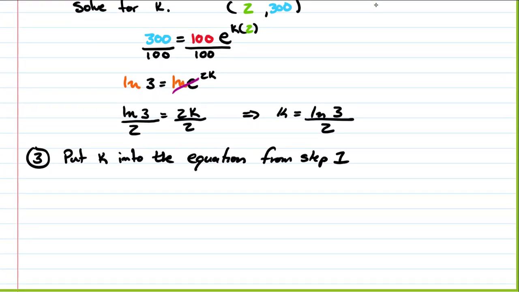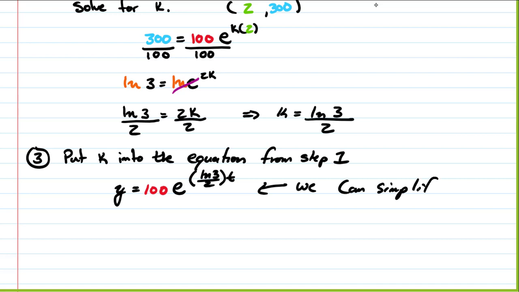So that gives us y equals 100, because that was our initial population, e to the k, and our k is the natural logarithm of 3 over 2 times t. So this is a perfectly good answer, but we can do some algebra. We can simplify, if we wish.